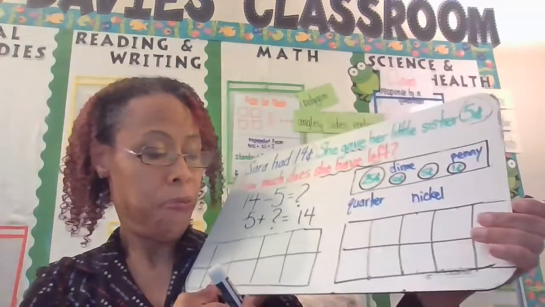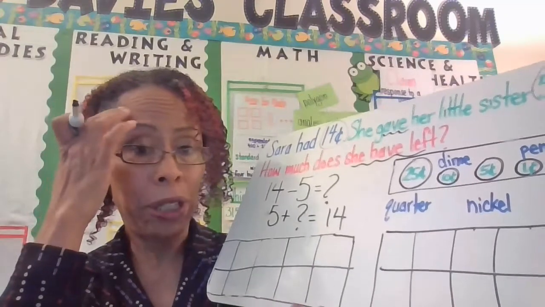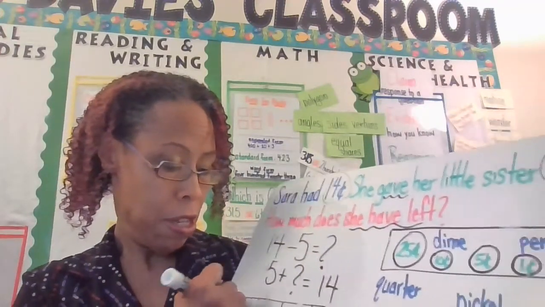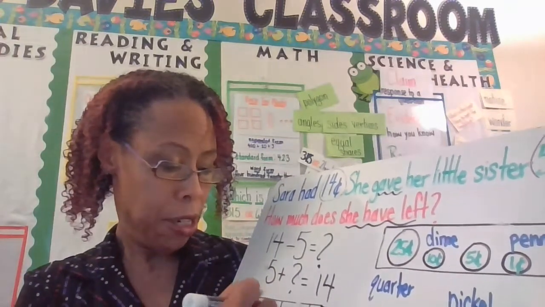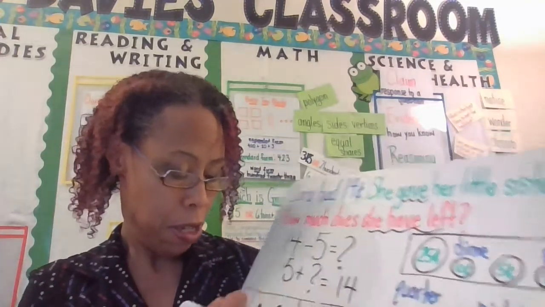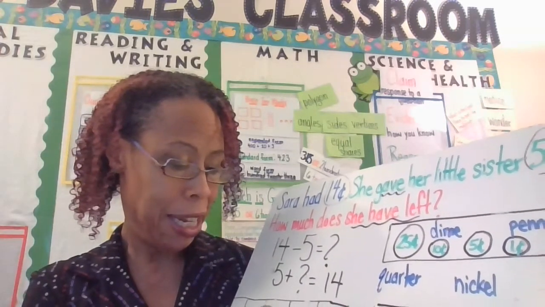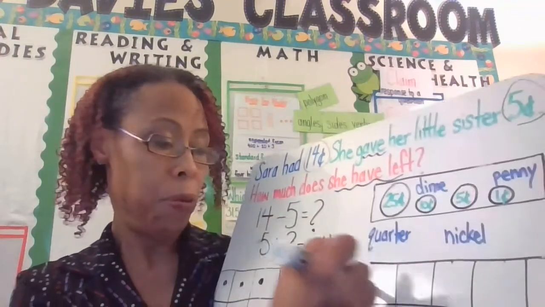All right, now we can use mental math, and this is what it would look like in our head. So we know that this is a tens frame, so we're going to fill up 1 tens frame. We know that 14 is the same thing as 1 ten and 4 ones.